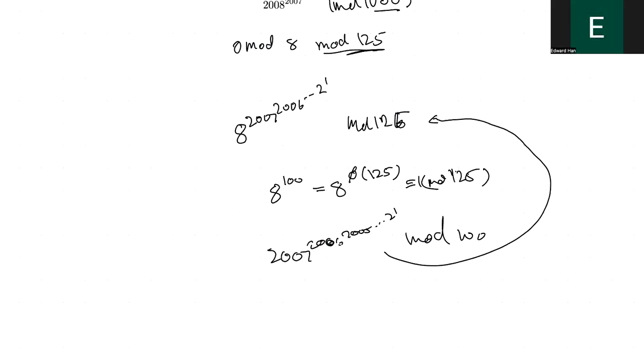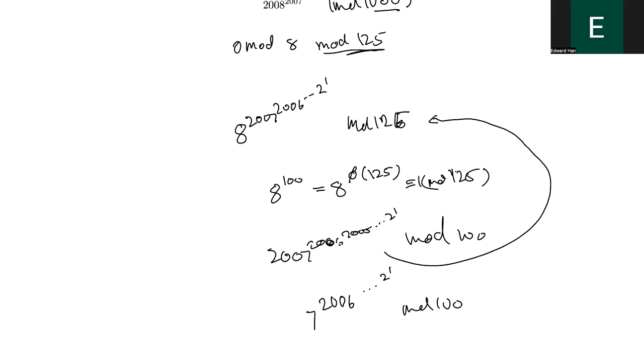Is it 48 mod 125? Assuming the answer, I'll tell you. For this one, we can apply the theorem directly or apply modular properties again. So we put 7 to the power of 2006 to 1 mod 100, and we can apply this again.